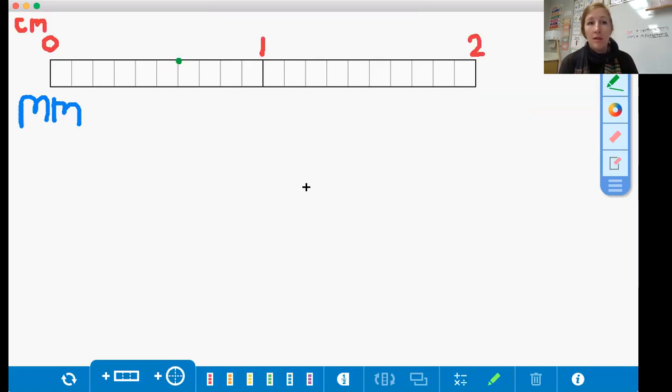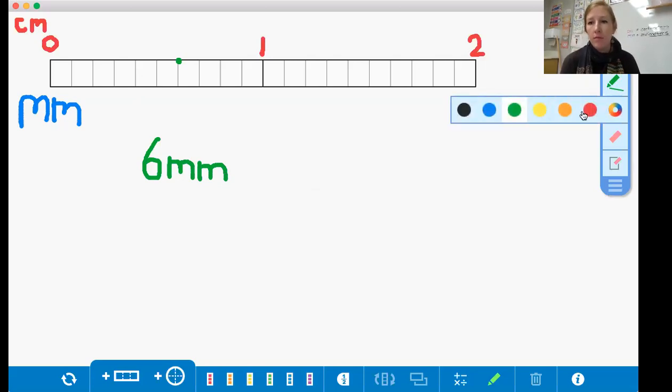Okay, it's less than 1 centimeter. How many millimeters would that be? We'll count 1, 2, 3, 4, 5, 6. So that green dot is at 6 millimeters. I'm not going to write centimeters because I'm counting the small parts.